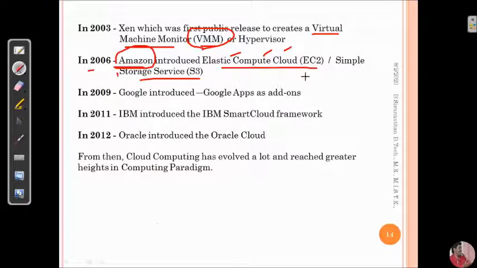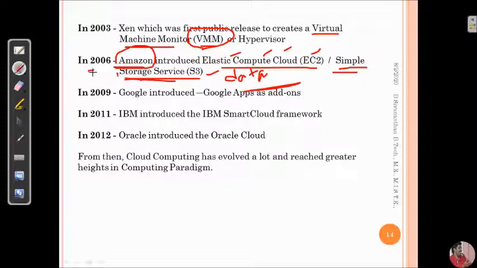The other is the Simple Storage Service. With the help of EC2 and S3, we can run an application in a virtual machine, and with S3 we can store data in the cloud.